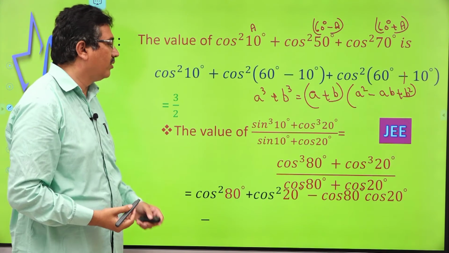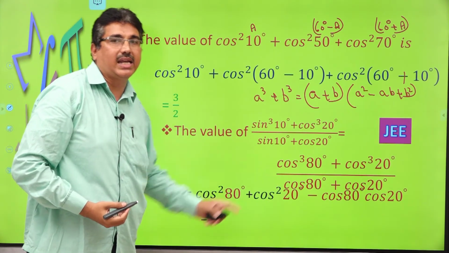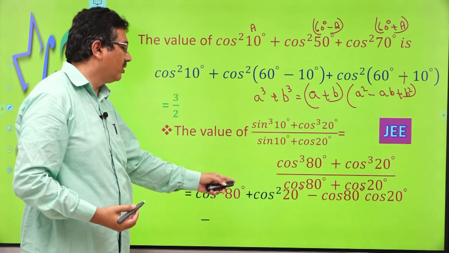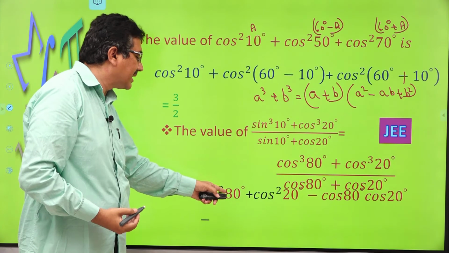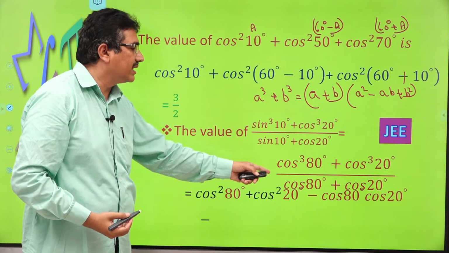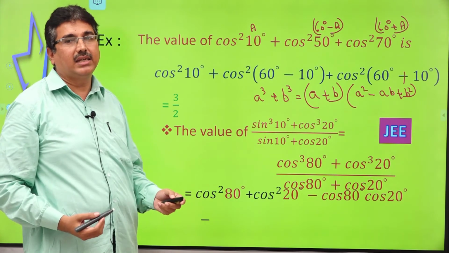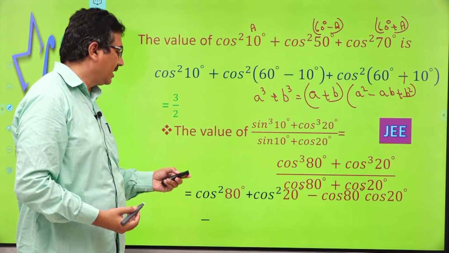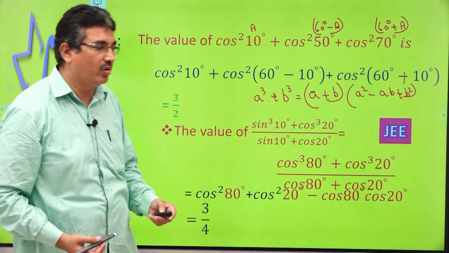The a plus b gets cancelled, so that is equal to cos square A plus cos square 60 plus A minus cos A into cos of 60 plus A. By applying the above result, that is equal to 3 by 4.